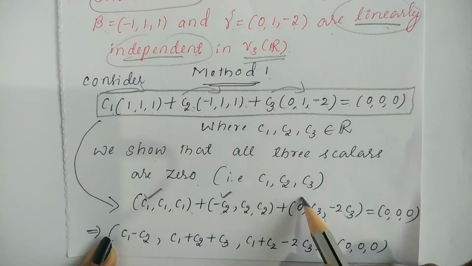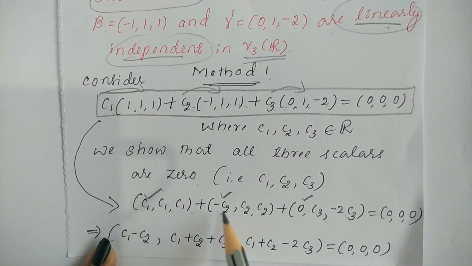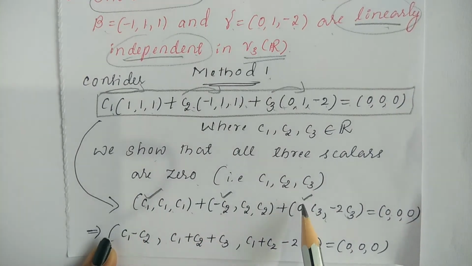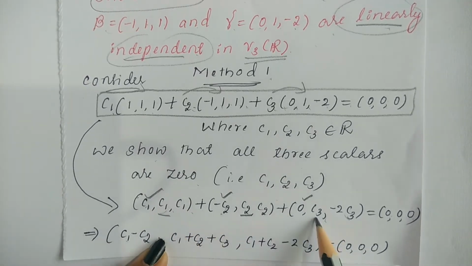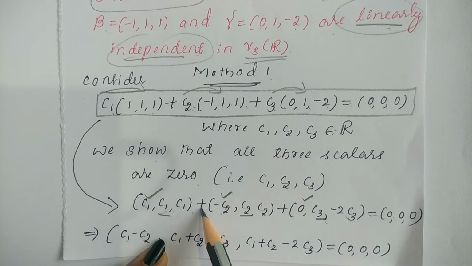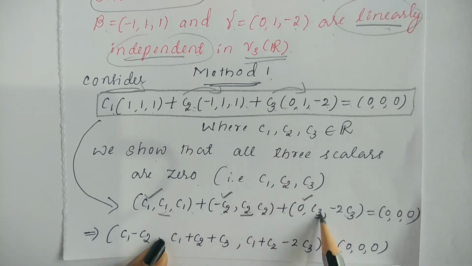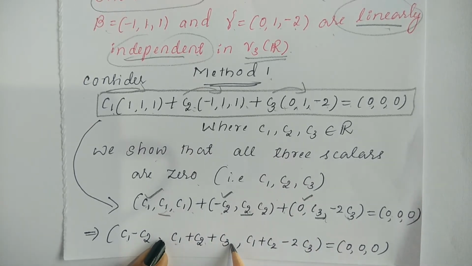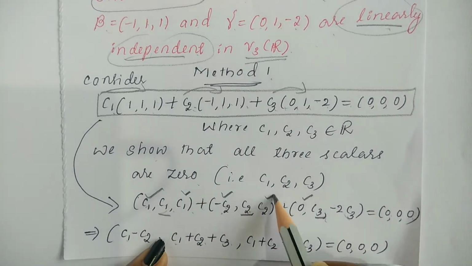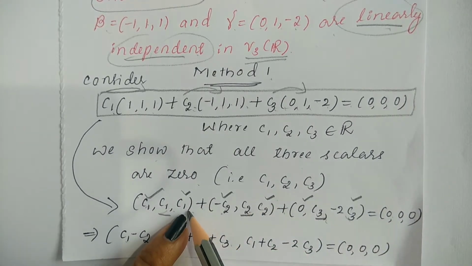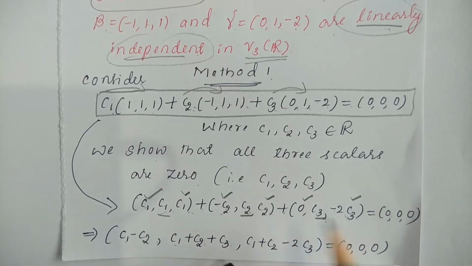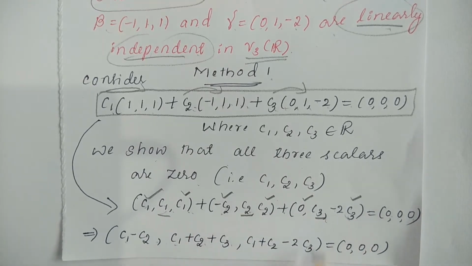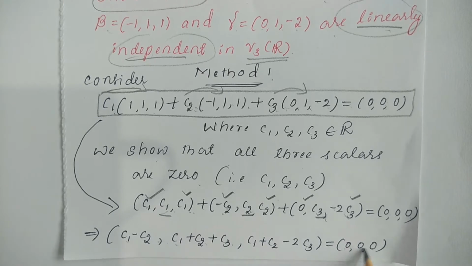First: C1 minus C2 plus 0, that is C1 minus C2. Second: C1 plus C2 plus C3. Third: C1 plus C2 minus 2C3, which is equal to (0, 0, 0).